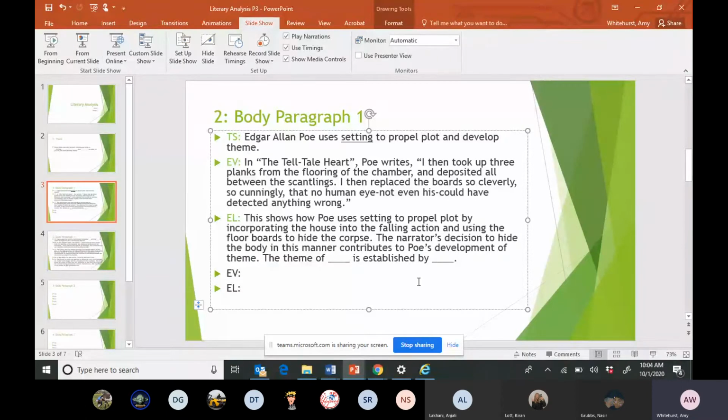What theme he's developing here and how. But I'm going to give you some time to get that ready before we go into that step. If at any point I'm moving too fast, please let me know.